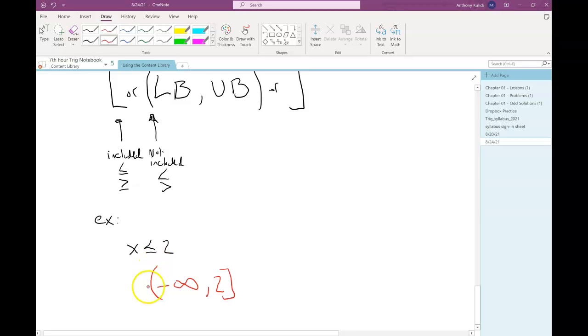Now, I'm going to always use a parenthesis on the infinities. The infinities always get a parenthesis, always. Those are easy. You just have to remember that. The 2 is going to get a bracket because 2 is less than or equal to 2. So it's a member of that set. It should be included. It gets a bracket.